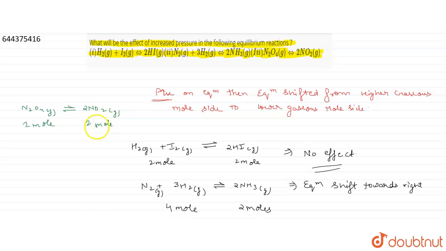So there is a higher number of gaseous moles on the product side, so equilibrium shifted from the higher gaseous molar side to the lower gaseous molar side, that is, equilibrium shifts towards left, or we can say equilibrium will move backward. So this is it for this question, guys.